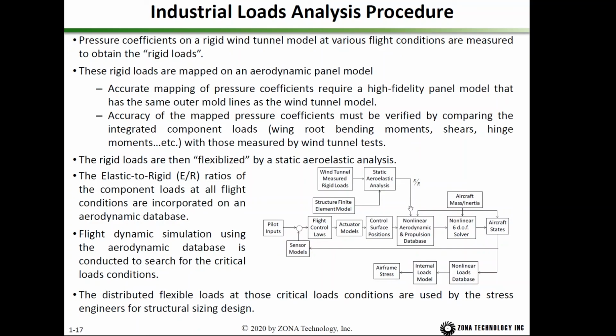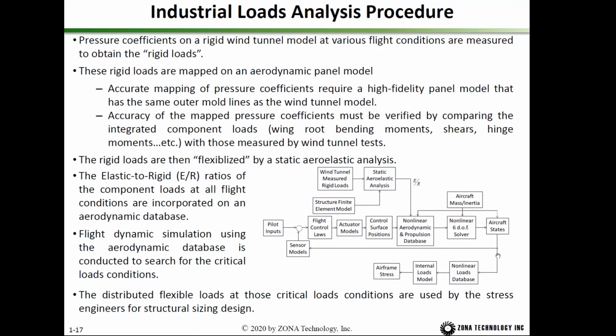Therefore, we have to give the elastic to rigid ratio to flexibilize those aerodynamic forces and moments, and then this force and moment become the right hand side of the nonlinear six-DOF solver, and meanwhile you give the aircraft mass and inertia, then you can calculate the aircraft states at one time step. Then this is fed back to the sensor to calculate the airframe states at the next time step.